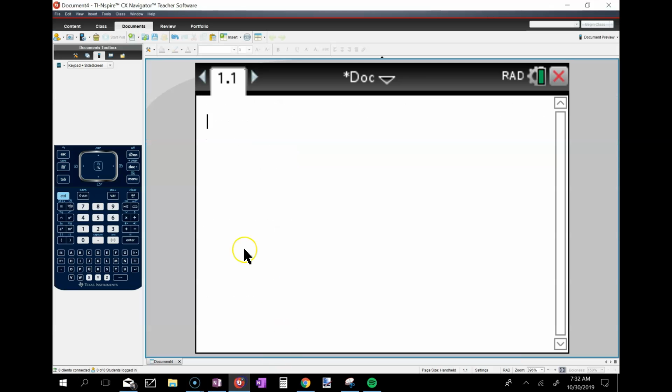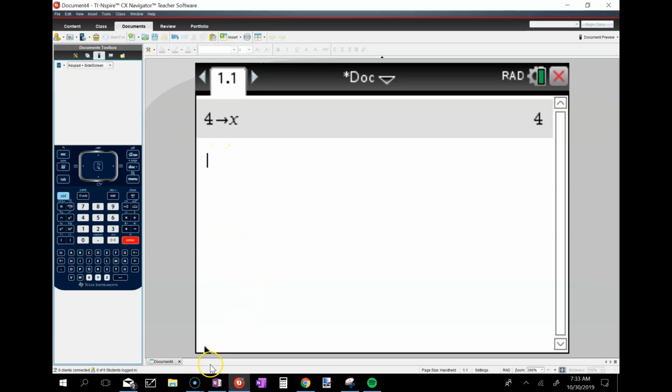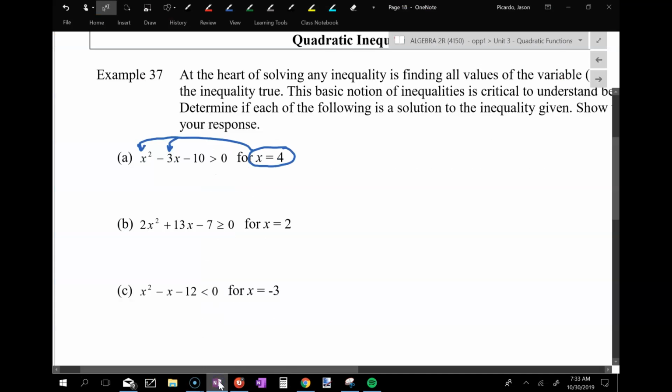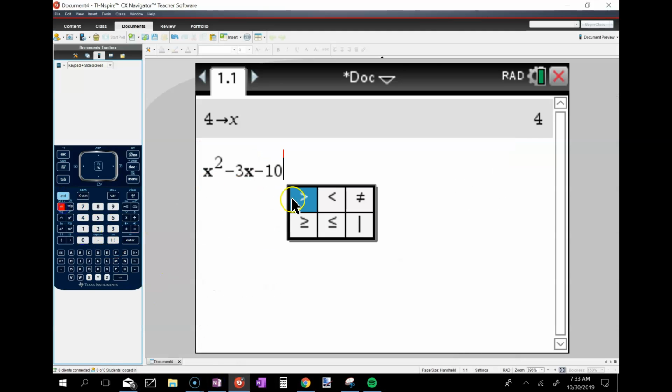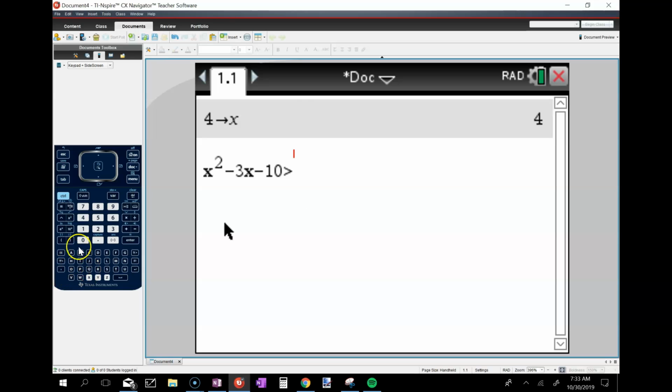And I would suggest that you use the calculator for these. So I'm going to store 4 in for x, like that. And then I'm going to ask the calculator to give me a true or false, right? So is x squared minus 3x minus 10 greater than 0?